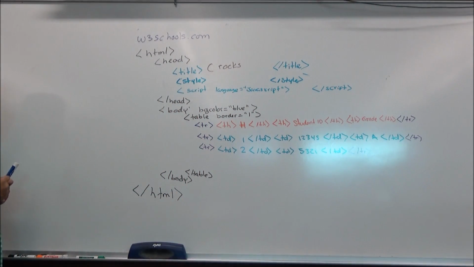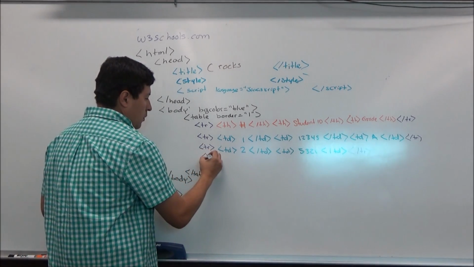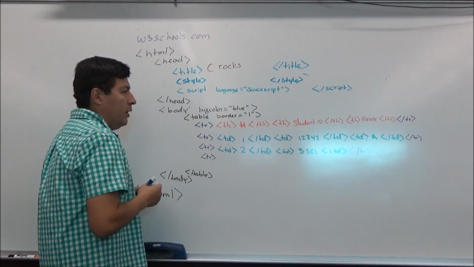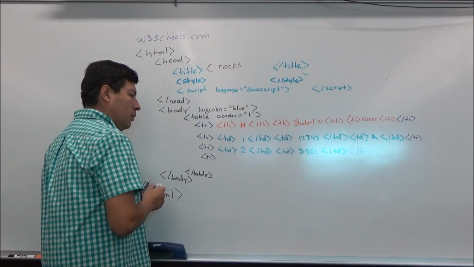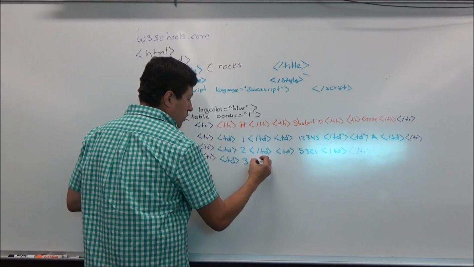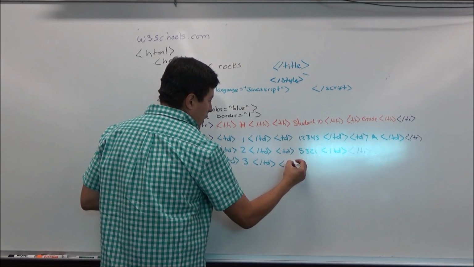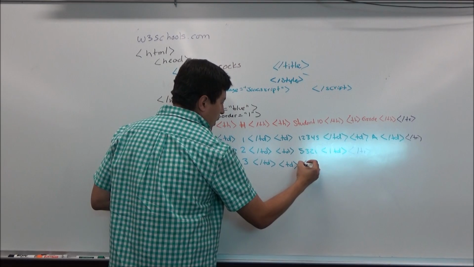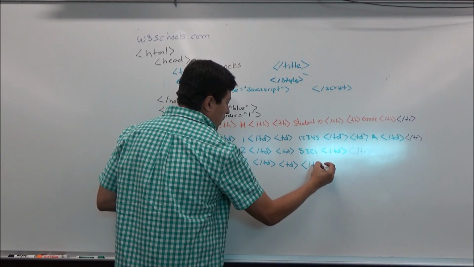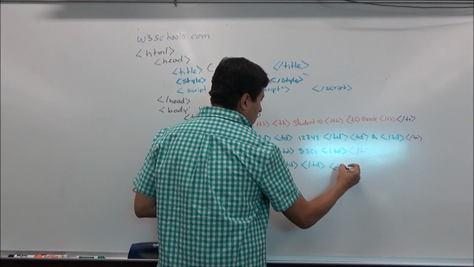What if I don't have a student ID? The next one. Well, that one I can't skip that well. Because they had to line up. So if I'm gonna leave that one blank, I'm just gonna open and close the tag. And then the last one.